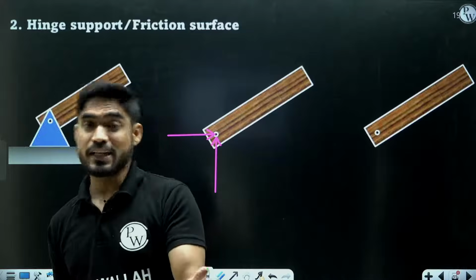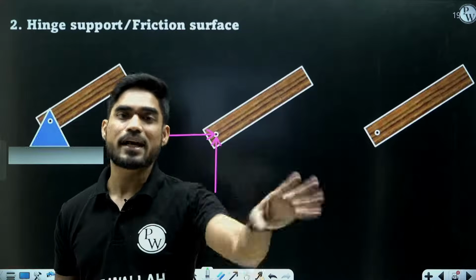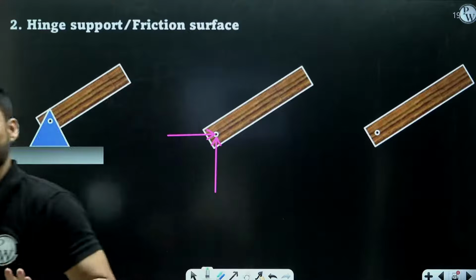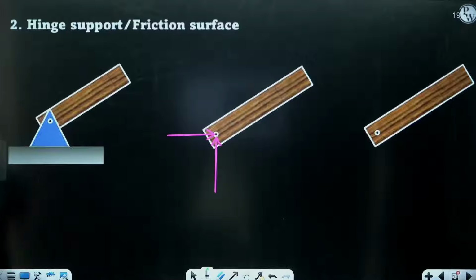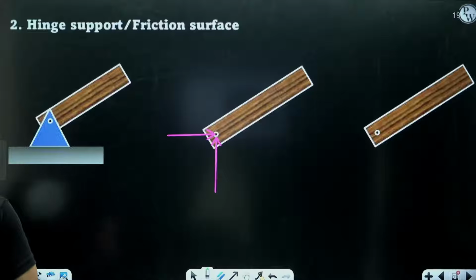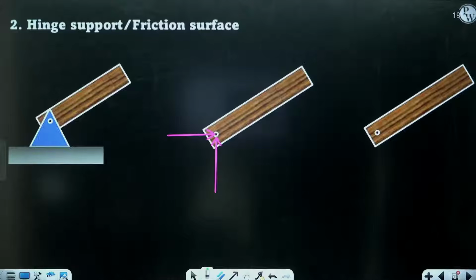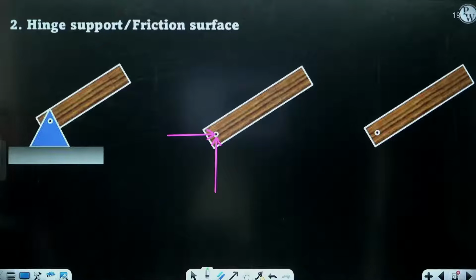So mathematically, at the end, we will get to know the right direction. So you don't need to worry about plus or minus x or plus or minus y. You should only know whether it is in x or y. Assume any one direction. Solve the problem. If you get a positive answer, your assumption is correct. If you get a negative answer, your assumption is wrong. I hope it is clear to you.